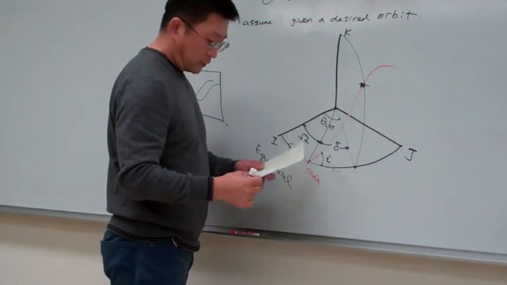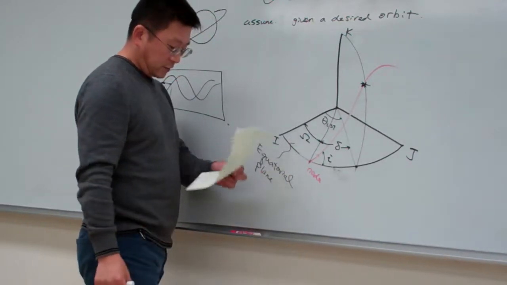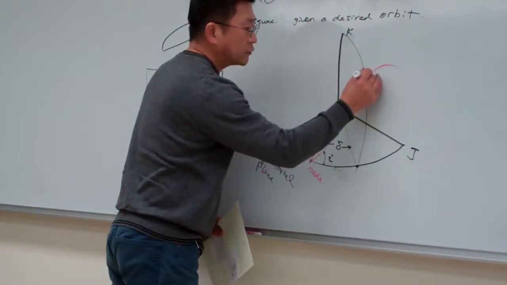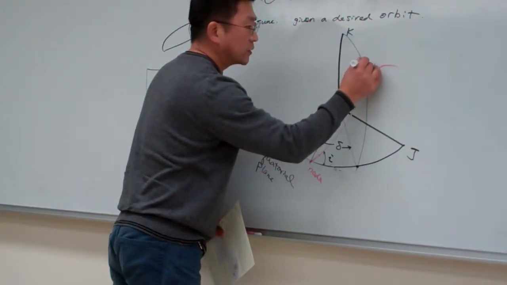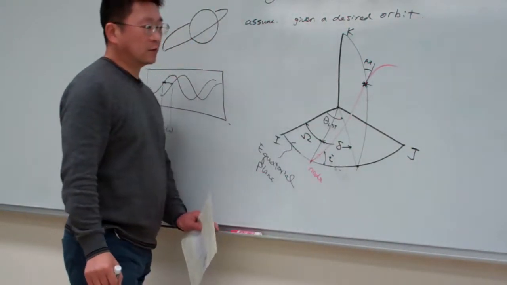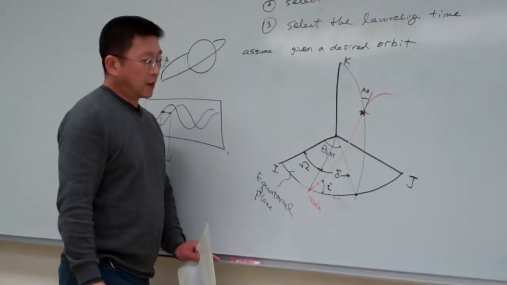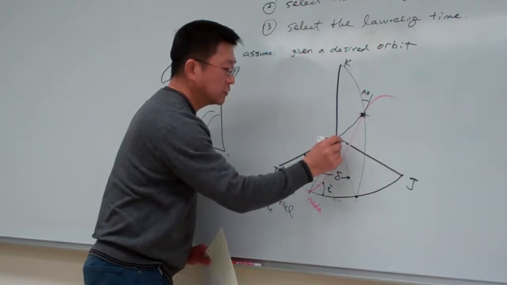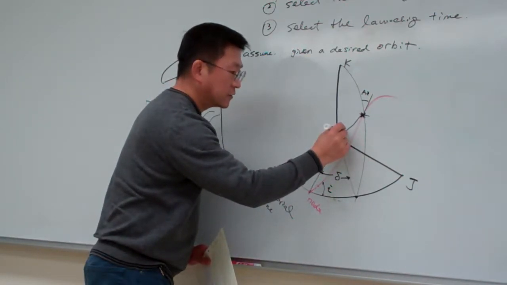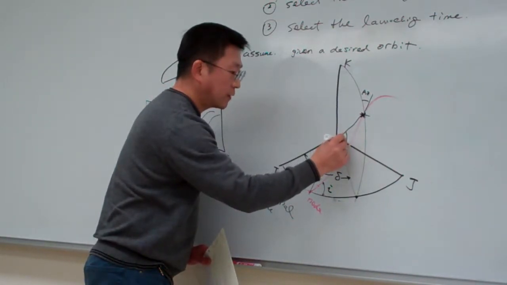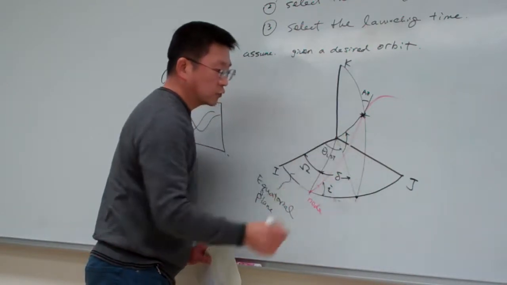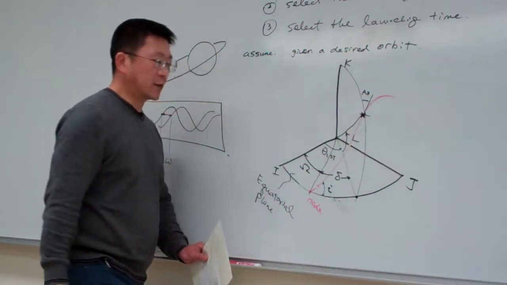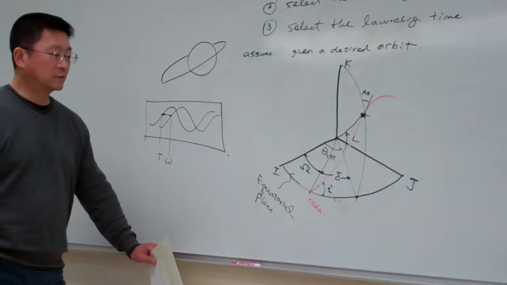Furthermore, we can define the angle here: this is the azimuth angle of the orbit. And also, the latitude, measured from the equatorial plane to the site, that is L, the latitude of the site.